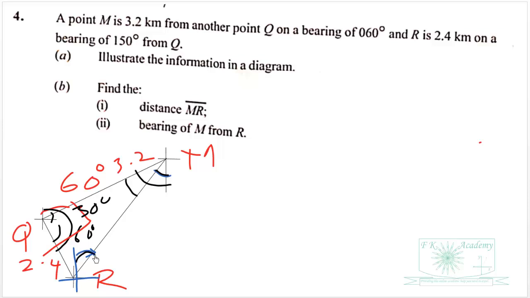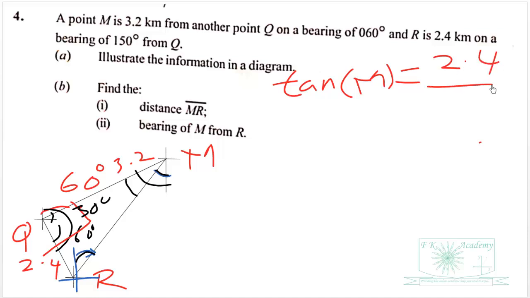So we find the angle here. Angle M is given by tangent of M is equal to opposite, which is 2.4, over adjacent, which is 3.2, and that will give us 0.75.